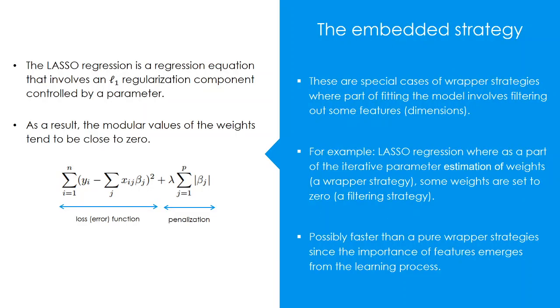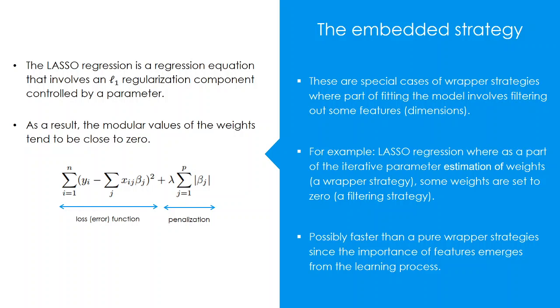And there is another final strategy within the feature selection approach, and this strategy concerns the embedded one. So here the idea is that we are combining the wrapper strategy with the filtering strategy, okay? For example, in the case of the lasso regression model, when computing the weights, we are basically performing a wrapping strategy because we have a model, which is the regression model itself.